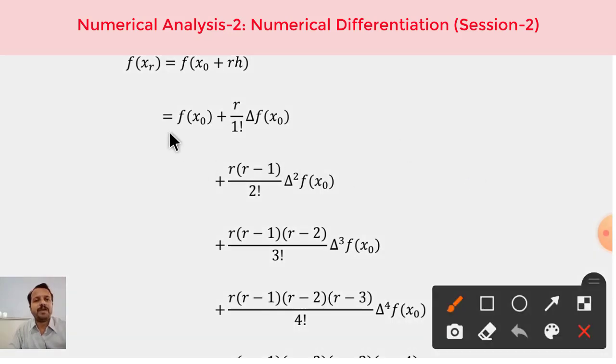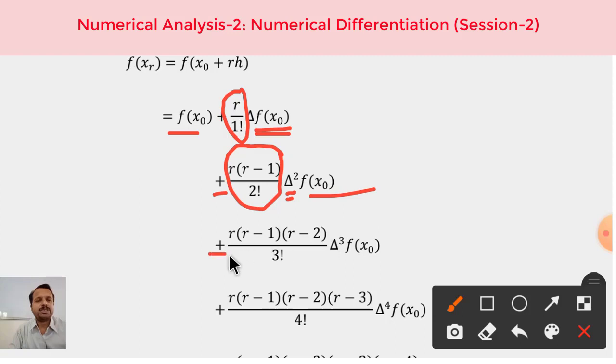So the value of f at x0, plus some coefficient multiplied by the first order difference of f at x0, this is the second term, plus some coefficient into the second order difference of f at x0, plus some coefficient, this is very important, this plays an important role in future, multiplied by the third order differences of f at x0, and so on and so forth.